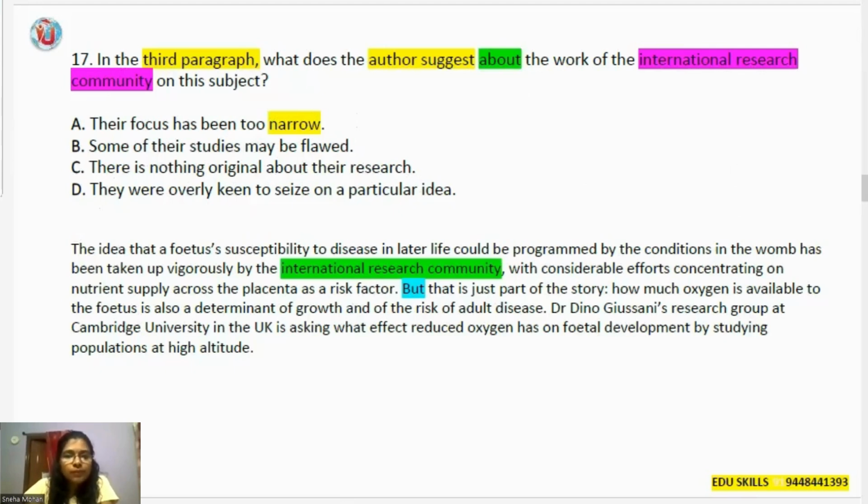Nothing original is the keyword here. And answer option D, they were overly keen to seize on a particular idea. Here the keywords are overly keen and particular idea. Now that you have read the question, text and the answer options, you can put the correct answer in the chat box.